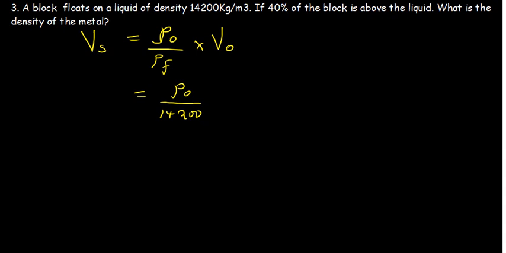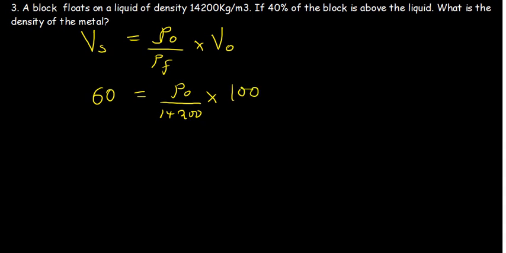The volume we are using here is the volume of the object that is below the liquid. So what volume is below the liquid if 40% is above the liquid? That's 60%, times the total volume of the object, that is 100%. So what will be the density then?